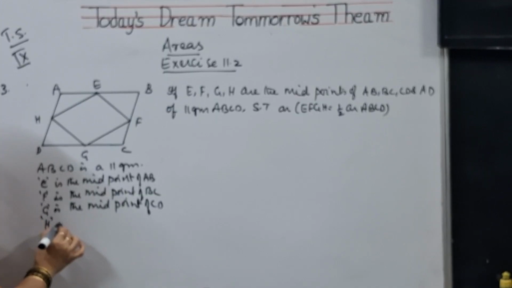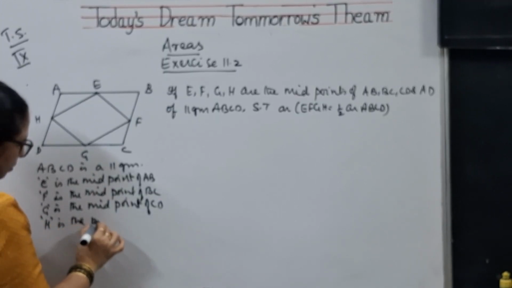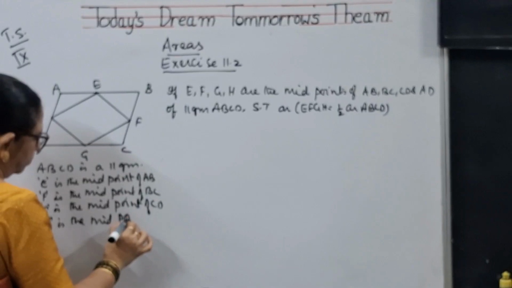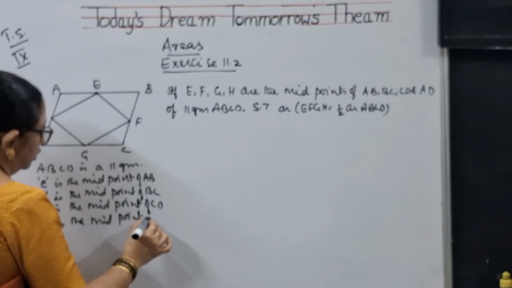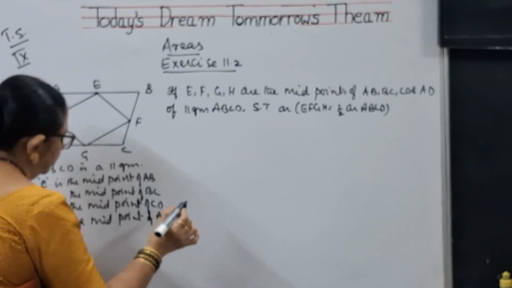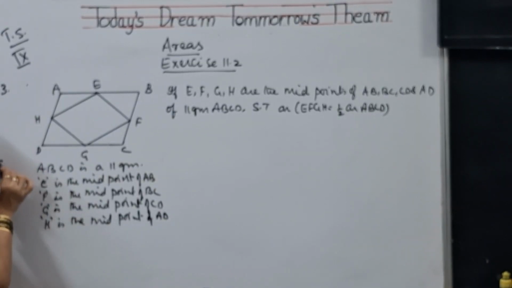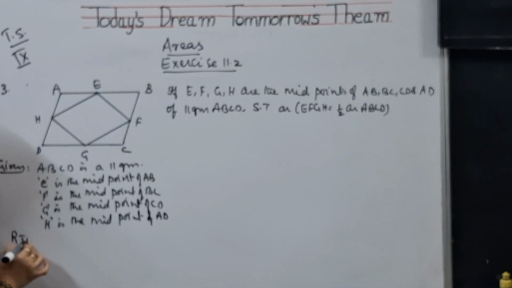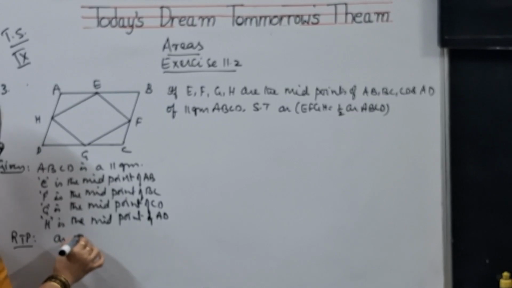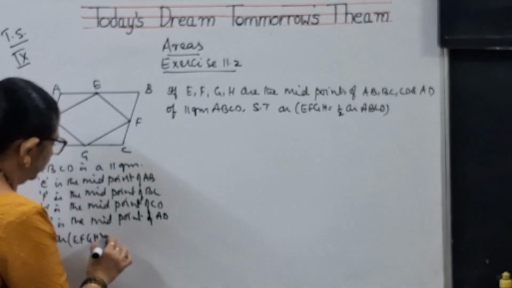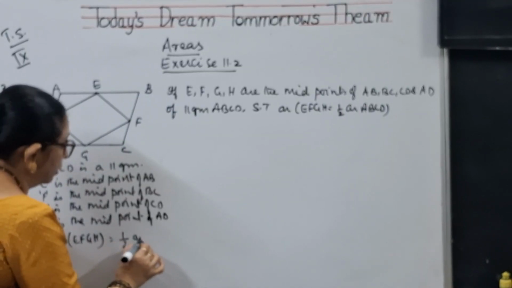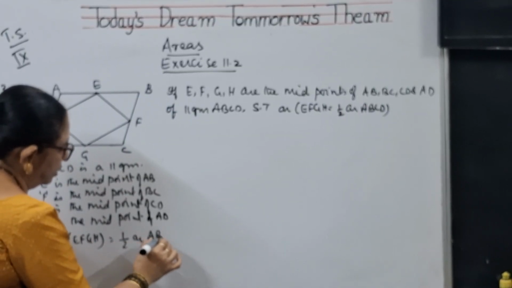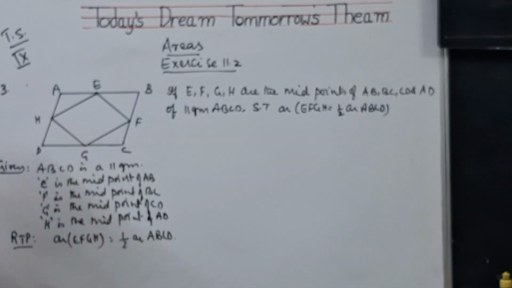And H is the midpoint of AD. Now this is what we can write as given. What is RTP? What we require to prove? Area of EFGH is equal to half area of ABCD. This is what we need to prove.